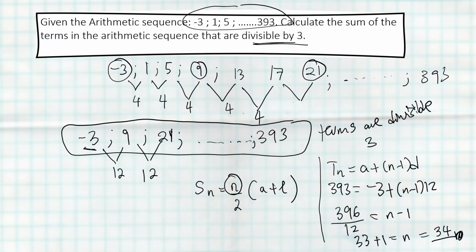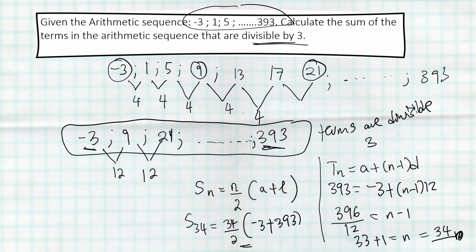Can you see how we calculated them? We just drew out the sequence of terms that are divisible by 3, then calculated our n. So I'm going to substitute the sum of 34 terms, because there are only 34 terms divisible by 3. Our a is minus 3 and the last term is 393.